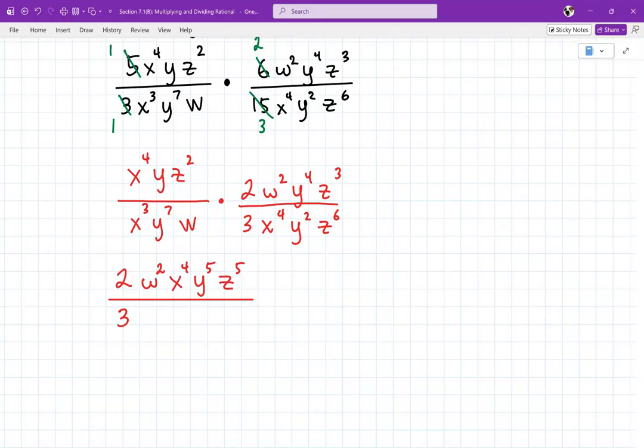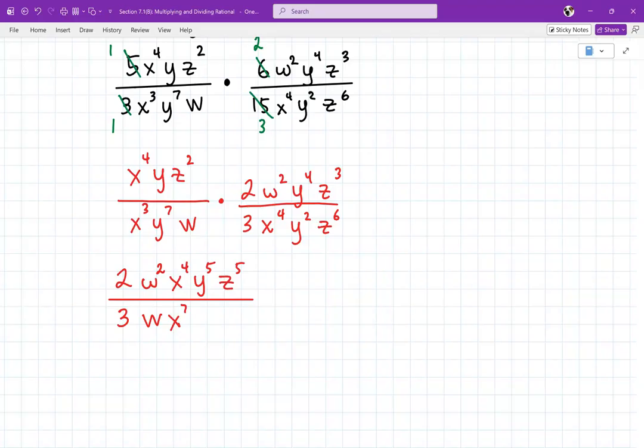Okay, now go to the bottom. Do the same thing. Organize your variables. I have a W on the bottom left, but not on the bottom right side, so it's just going to be a W here. Now let's go to X's. I have an X to the third and an X to the fourth. That's X to the seventh.